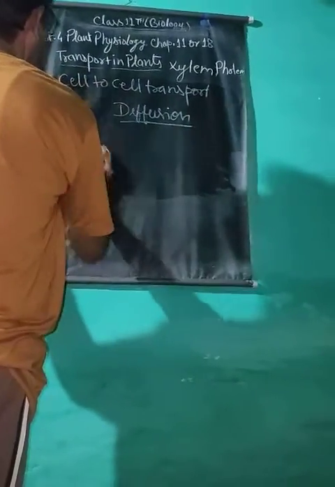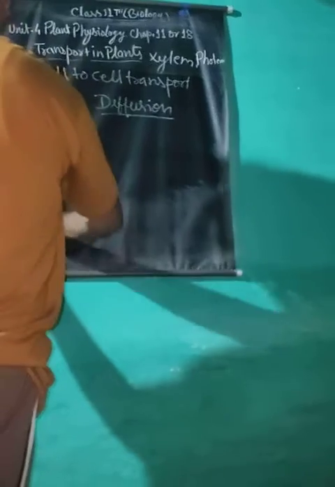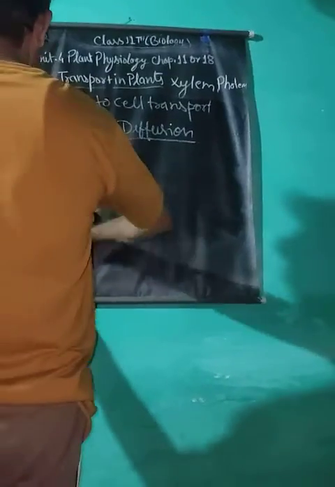Suppose we put some sugar or salt in water, it settles to the bottom, but after some time it is completely dissolved into the water and its molecules are uniformly distributed to all parts of the pot in which we have taken the water. So diffusion can be defined as the movement of molecules or particles from a region of higher concentration to a region of lower concentration. The rate of diffusion of gases is faster than liquids or solids.